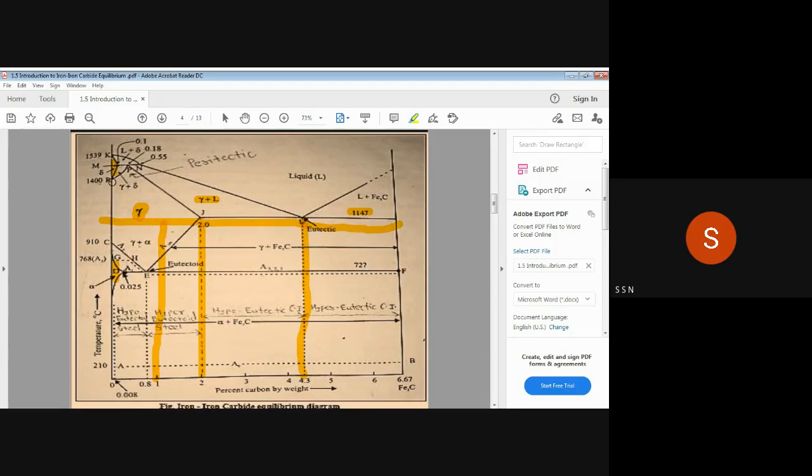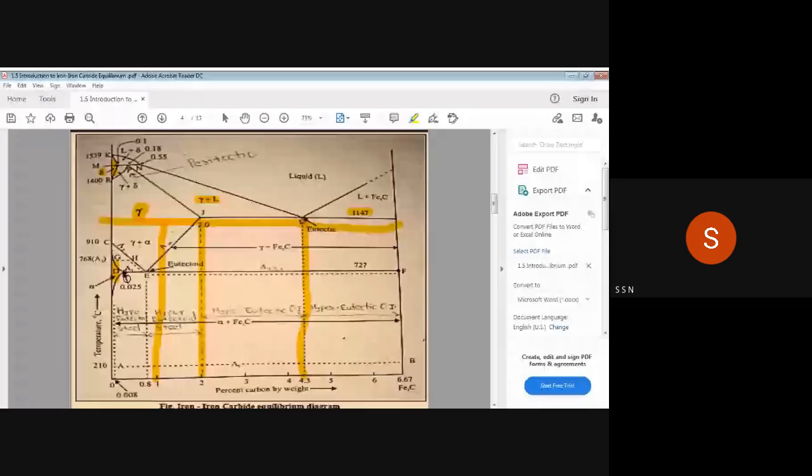If it is pure iron, you call it delta iron, and if it is a solid solution, or just an alloy of iron and carbon, then we say delta ferrite. So delta ferrite, gamma austenite, and alpha ferrite: these three phases are solid solution phases, present in the solid state.